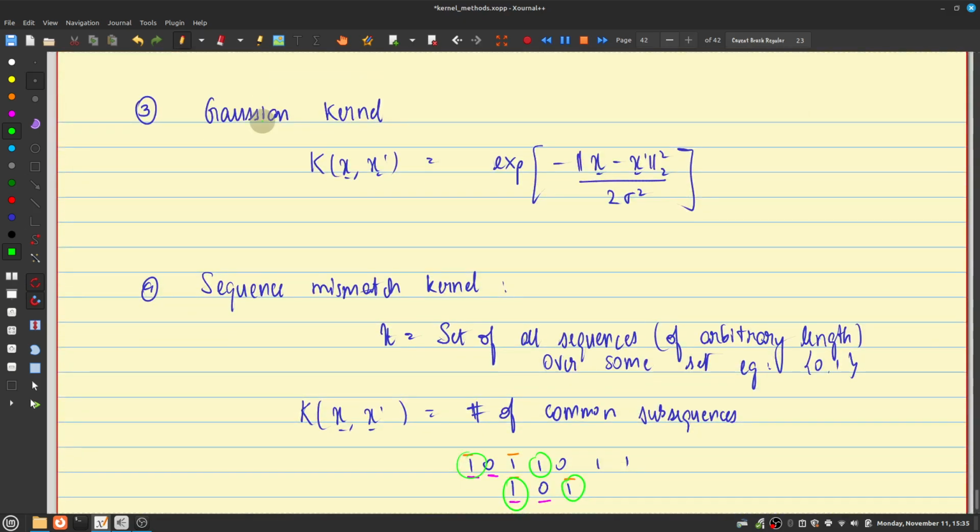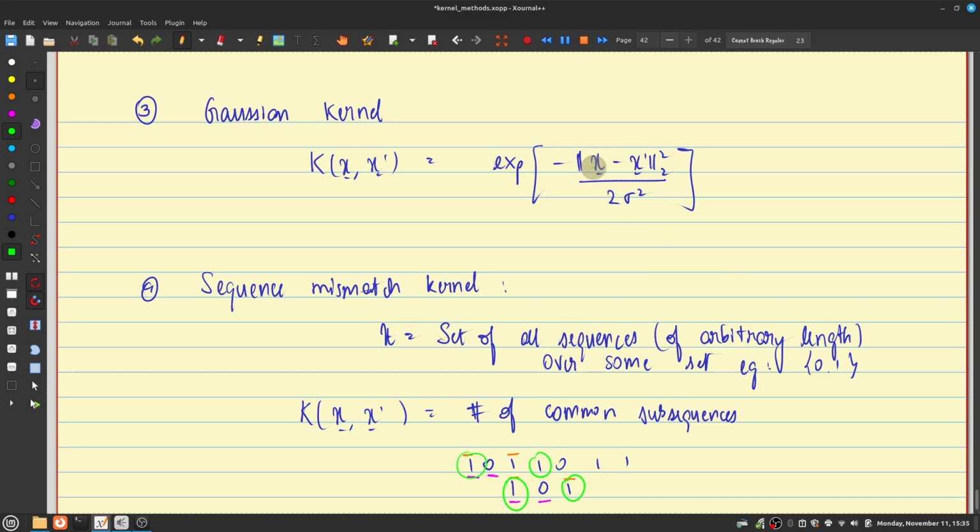What about the Gaussian kernel? Again, it's pretty much the same, because this is just a function of the norms of x and x prime and the inner product. But the key difference is that for the Gaussian kernel, when x and x prime are really close to each other, no matter what their magnitudes are, k of x, x prime is something that is close to 1. It can't exceed 1.